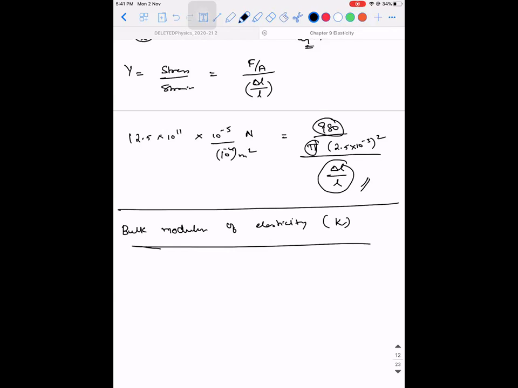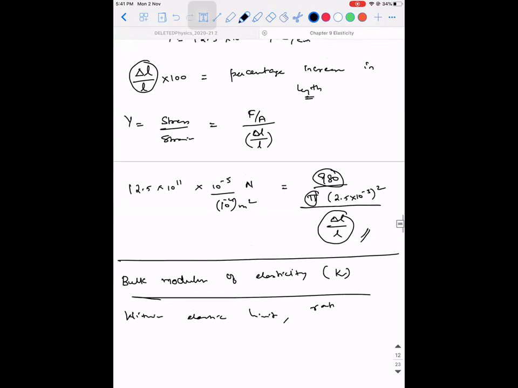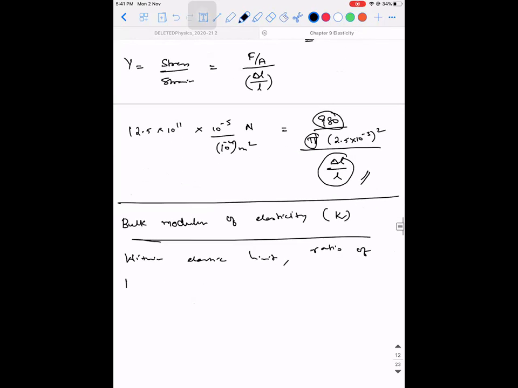Within elastic limit, the ratio of hydrostatic stress, that is a volume stress, to volumetric strain is called bulk modulus.